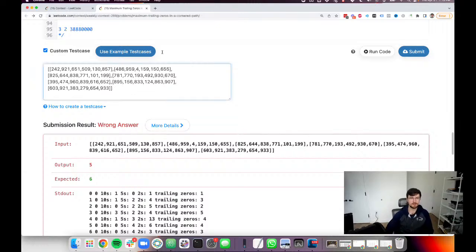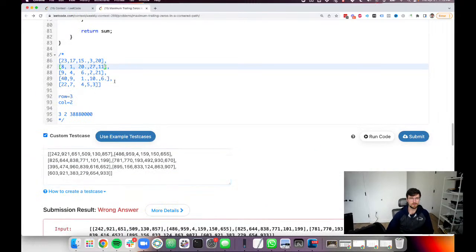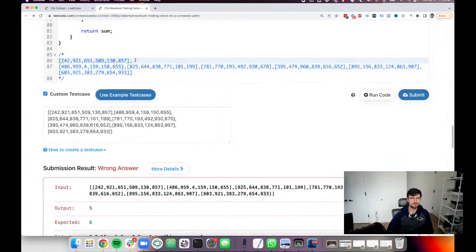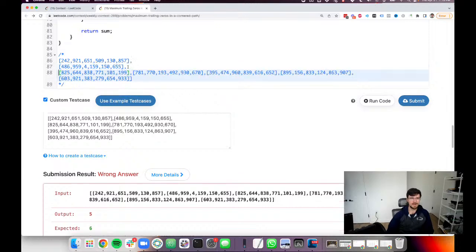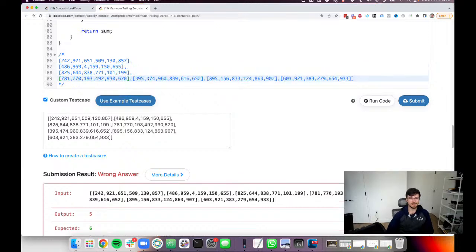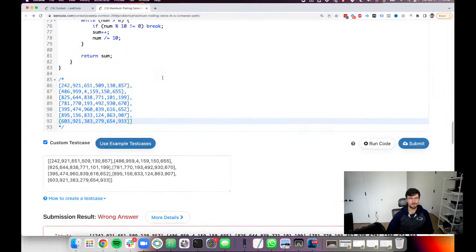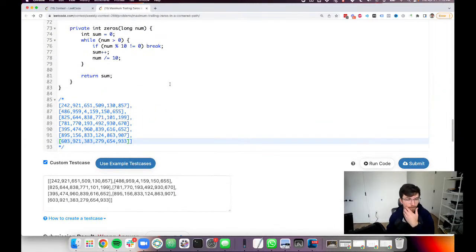Let me copy this over. I don't know at the moment which path is the one that actually gets us to our target. We want 6 zeros. So if we just look at this for a second, where can we find 6 zeros?